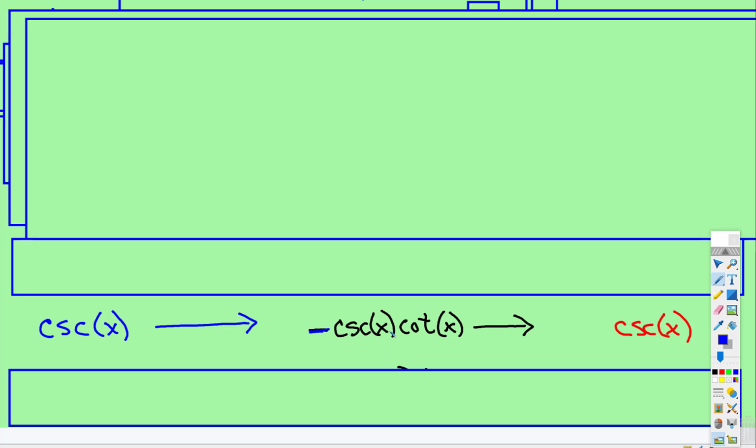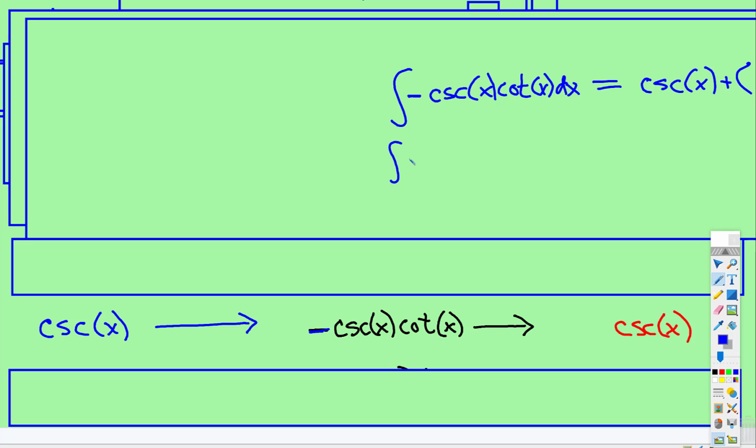So if you had the integral of negative cosecant x cotangent x dx, that dx is a must, that answer will be cosecant x plus C. However, if you just have the integral of positive cosecant cotangent dx, well, since this is not negative, and that's the inverse of this, then the answer would be the inverse. So negative cosecant x plus C.